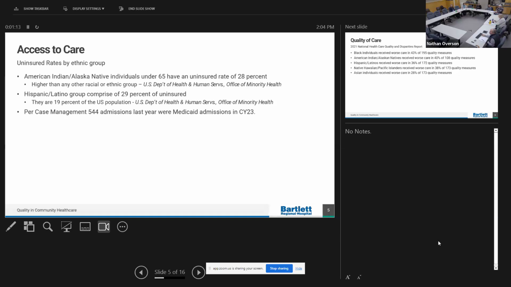So as a general overview of access to care within the US, pulling these numbers out there. So you can see that access to care for American Indian, Alaska Native individuals under 65, they generally have an uninsured rate of 28%. So it's actually a pretty high rate of uninsured.